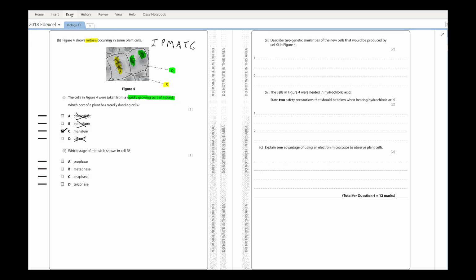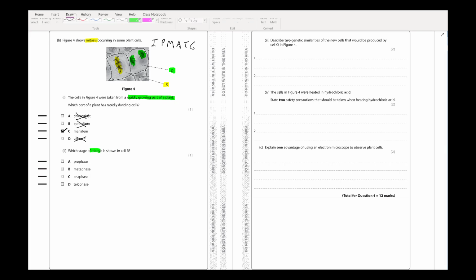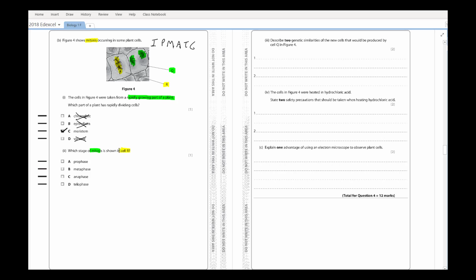The next question asks which stage of mitosis is shown in cell R. Cell R is the one I highlighted in yellow. In cell R the chromosomes are lined up across the middle of the cell, waiting to be pulled apart.